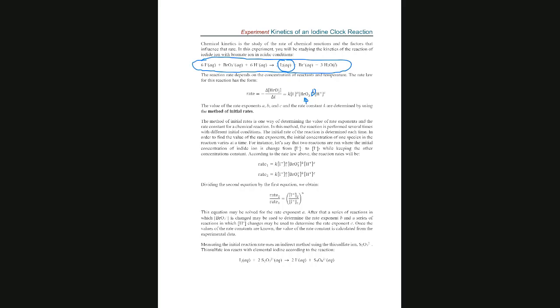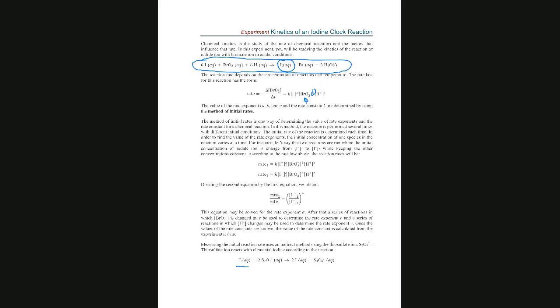As soon as the iodine is produced, we are also adding thiosulfate to the reaction. The thiosulfate is going to react with the iodine. We are also going to have starch, so the iodine with starch is blue. But because thiosulfate is in the reaction, the color disappears.